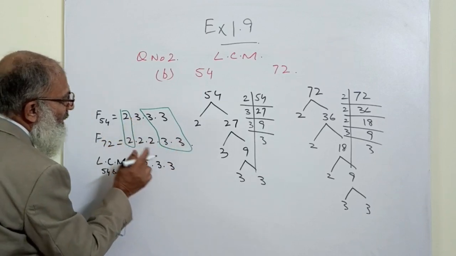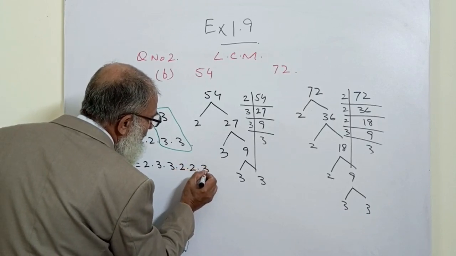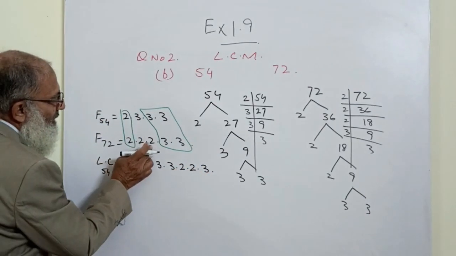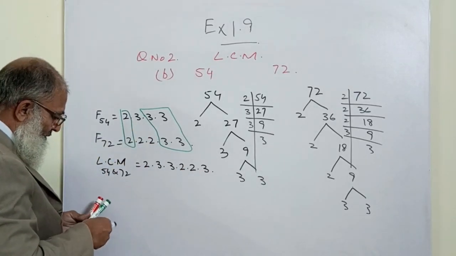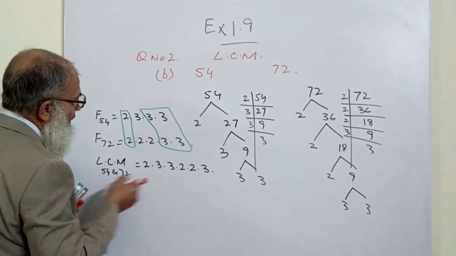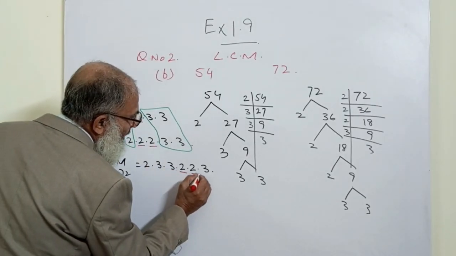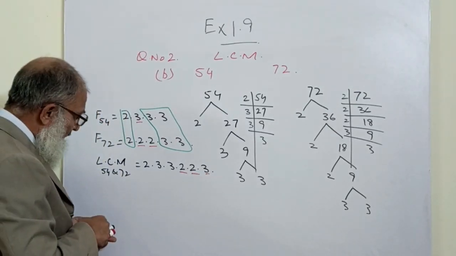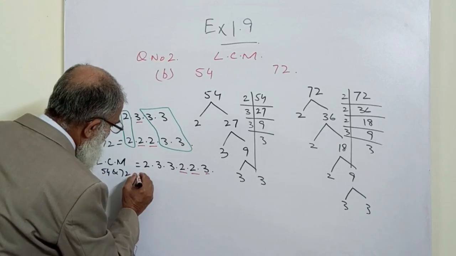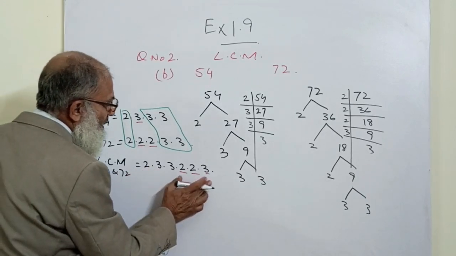Now you write all the leftover numbers. Now this was leftover and this was leftover. I just mark it with another marker. Now this is leftover, this is leftover, and this is leftover. These are all leftovers. So what is the LCM? Now LCM is, we just multiply all of them.